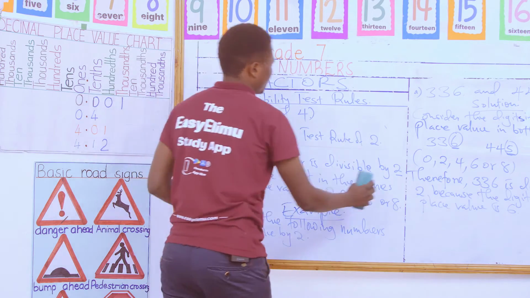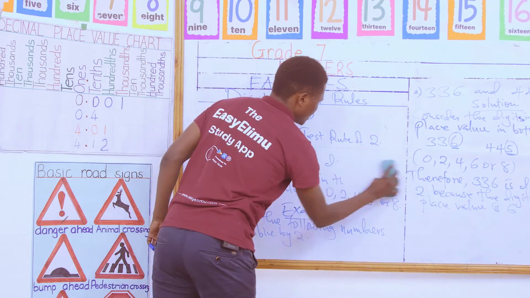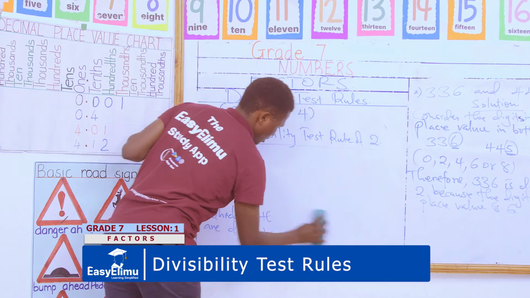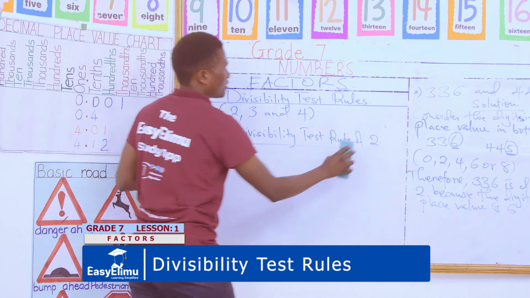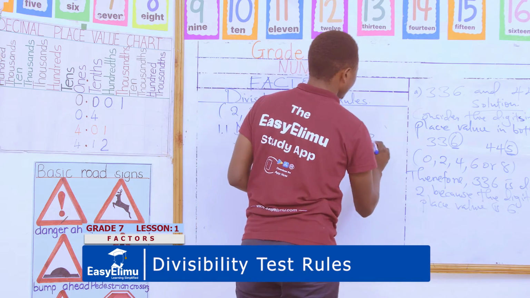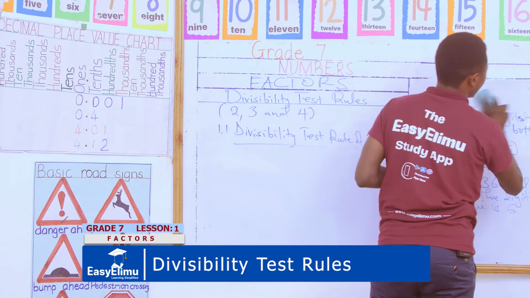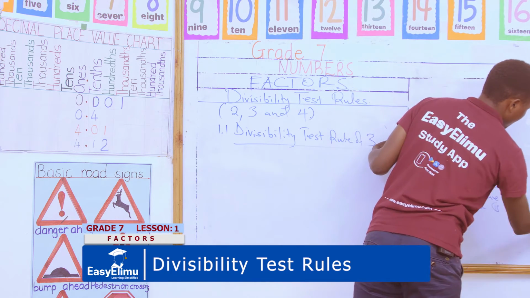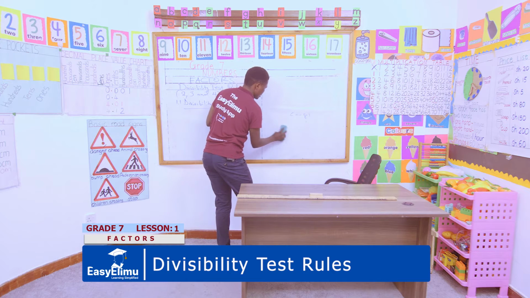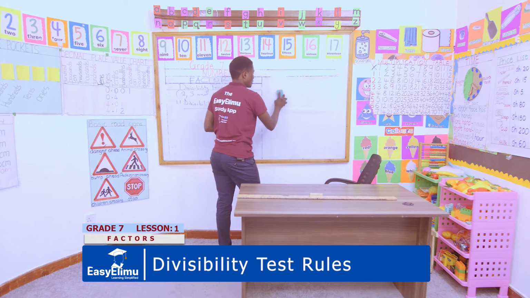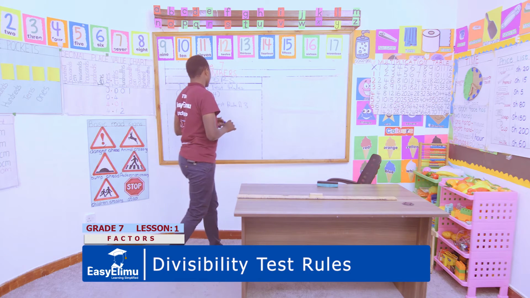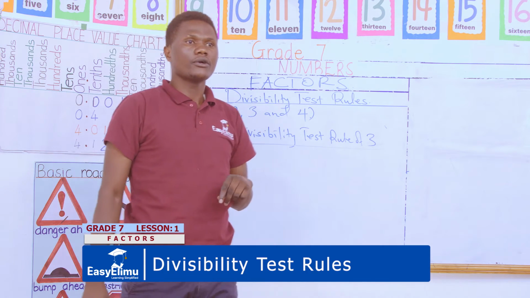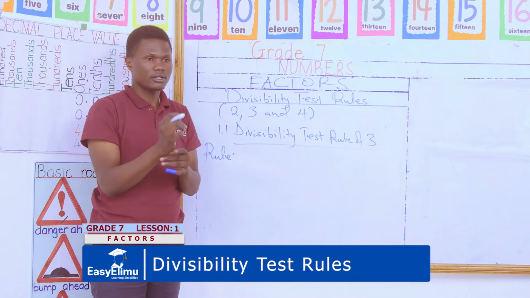The divisibility test rule of 3. How do we know if a given number is divisible by 3? So rule. Anyone who can try? All right.